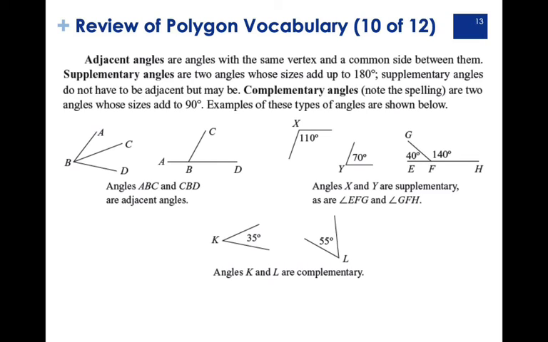Some more definitions here, adjacent angles means that they're just two angles that are next to each other, so they will share the same vertex. Supplementary means that the angles sum up to 180 degrees. And complementary means that they sum up to 90 degrees.